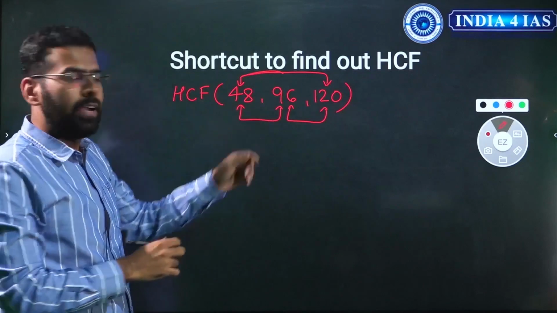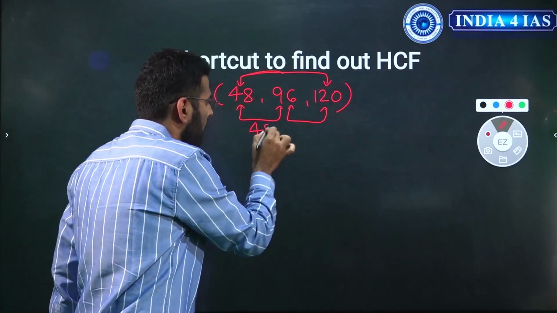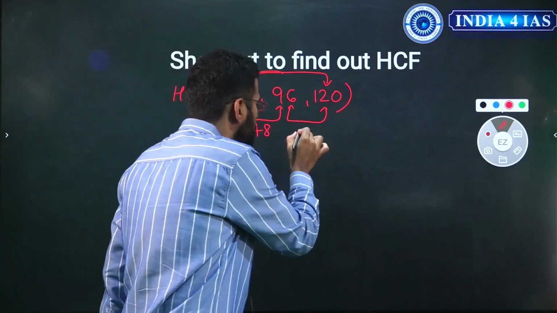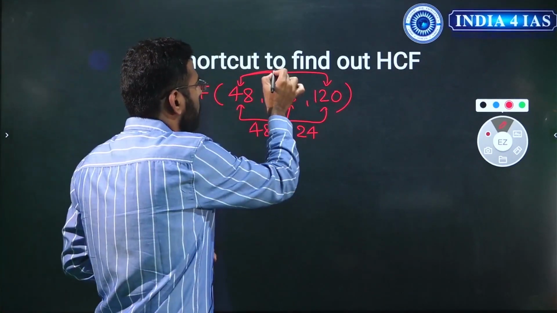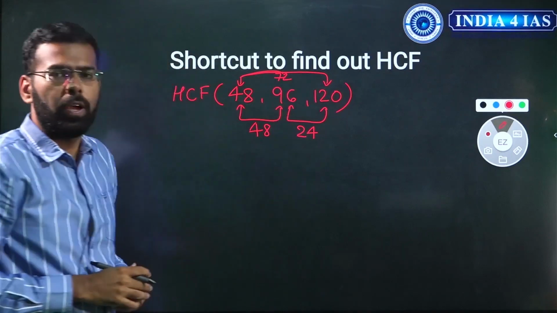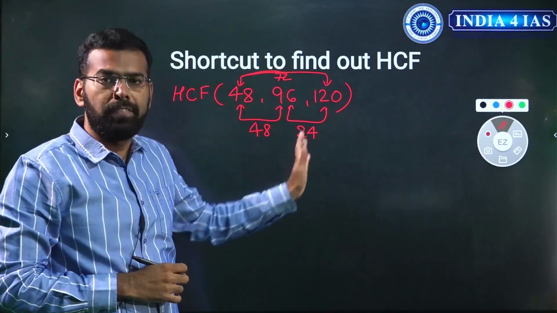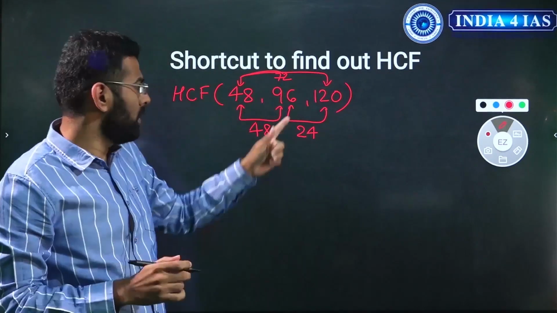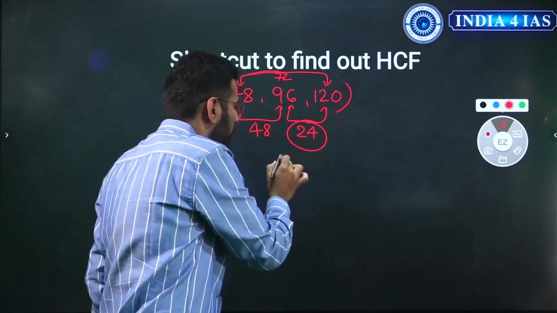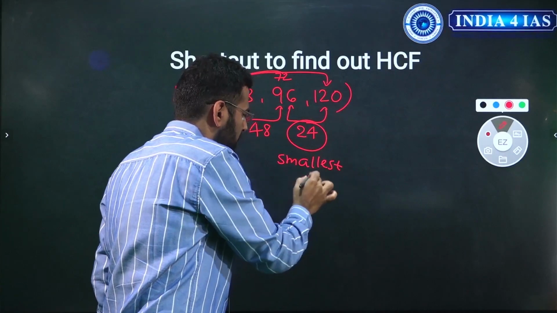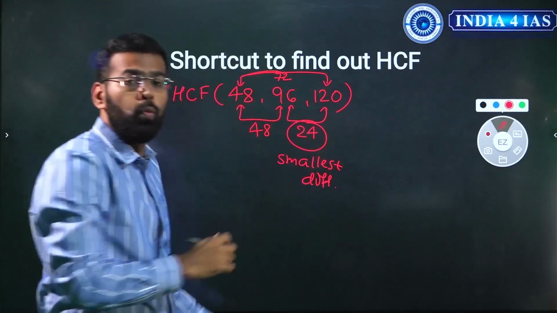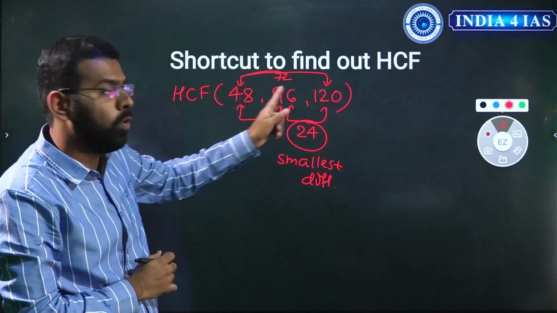The difference between 48 and 96 is 48, 96 and 120 is 24, and 48 and 120 is 72. Among these possible differences, take the smallest difference, which is 24.